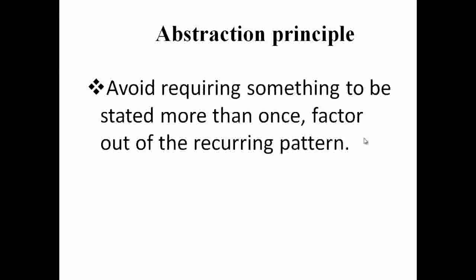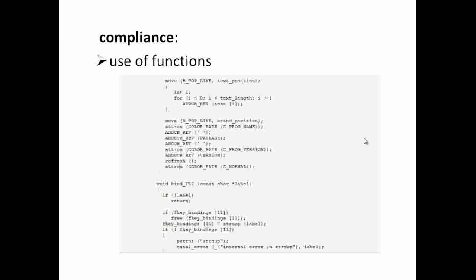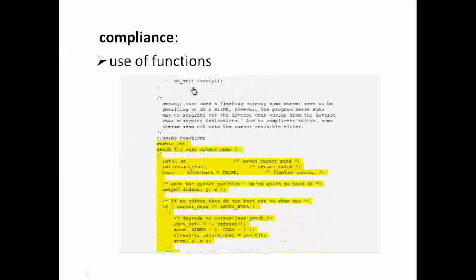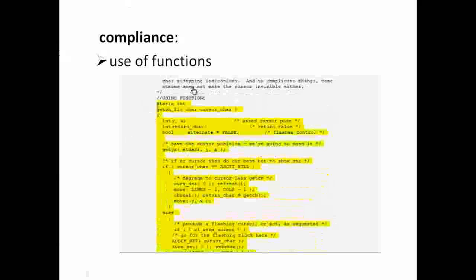Let's see how the Gtypist complies with the abstraction principle. The implementation consists of a large number of functions. This has increased the reusability of the code, and this adheres to the abstraction principle. Without implementing the code again and again, we could call the function to perform the task.